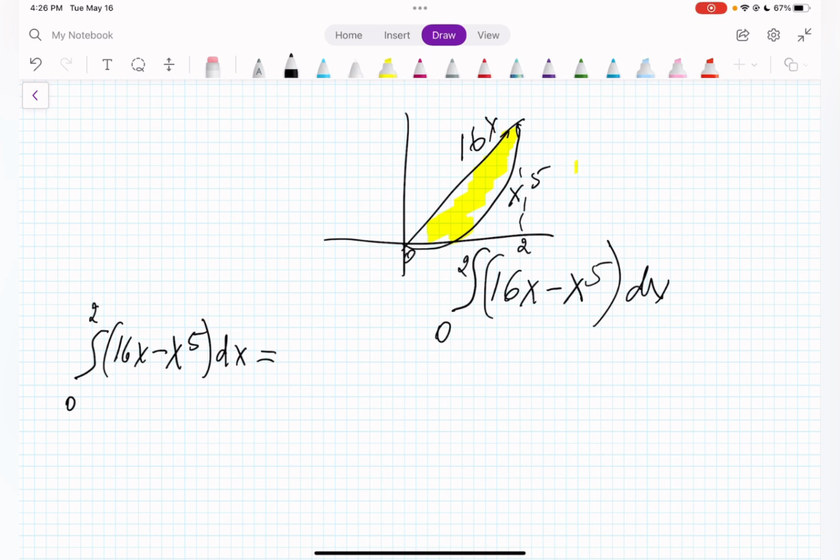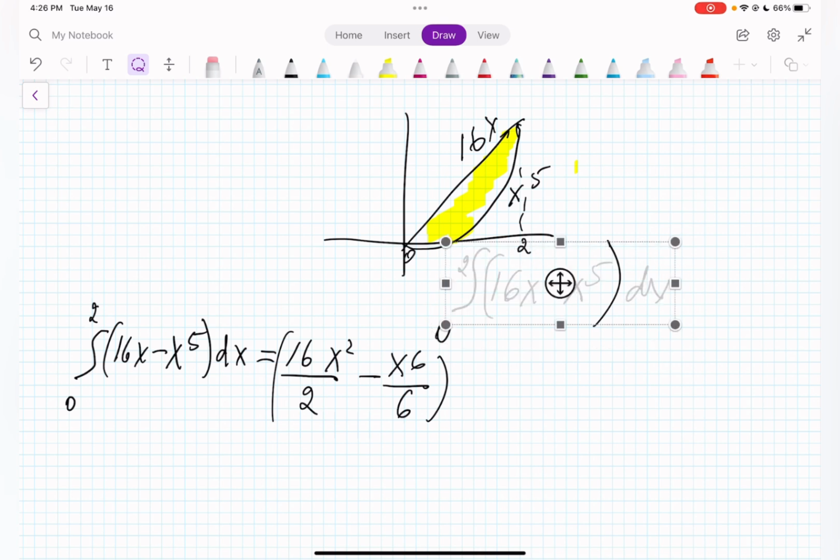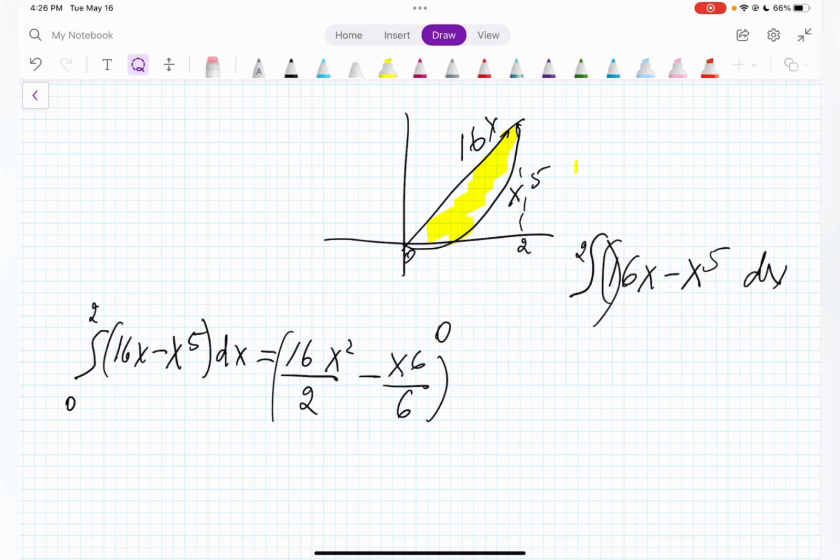This is going to be 16x squared over 2, okay, and then minus, we are going to get x to 6 over 6, and all this is going to be on interval 0 and 2.